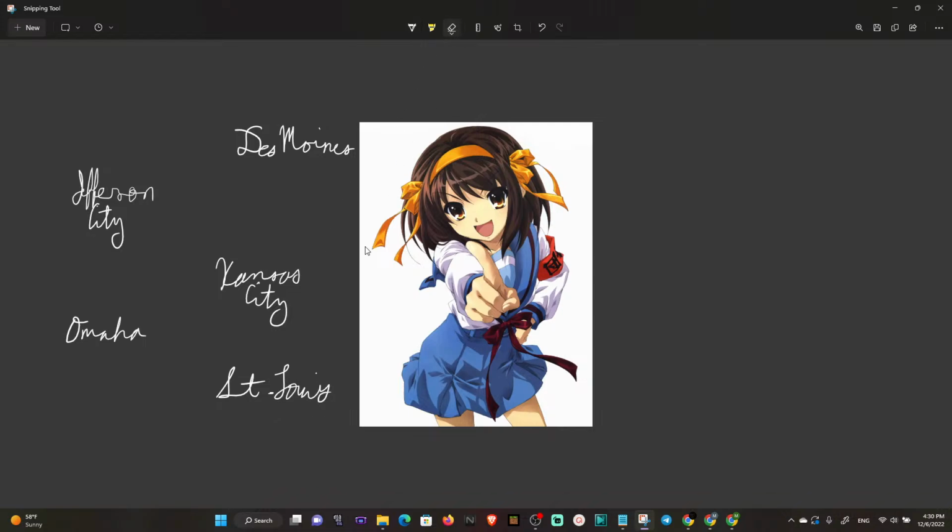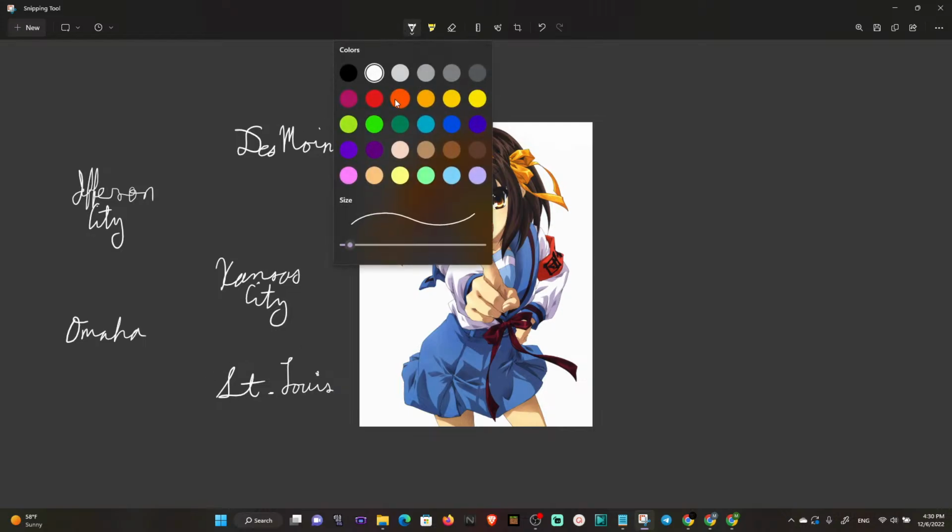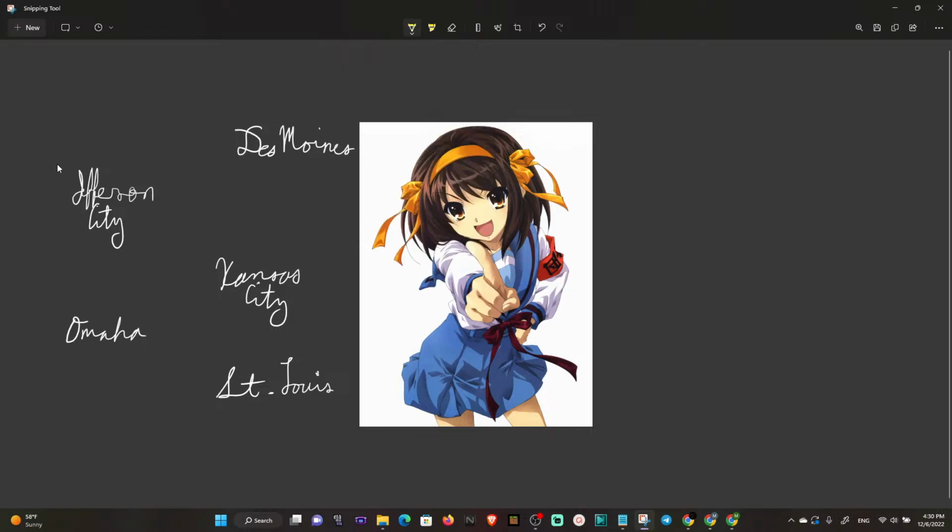That's not how you spell Louis. And these will be circled in with yellow. They're supposed to be circles, but I can't draw a good circle right now, especially not with this screen flickering.